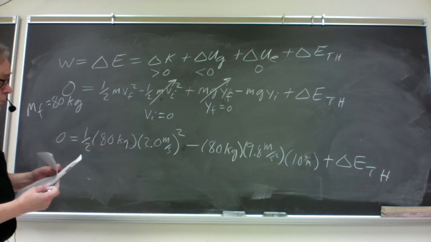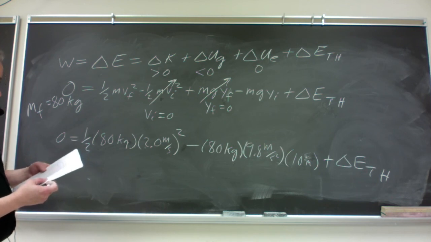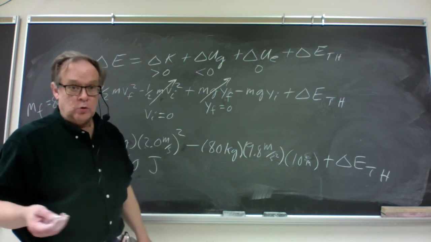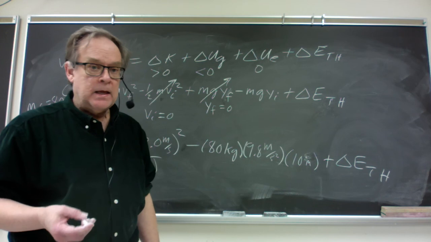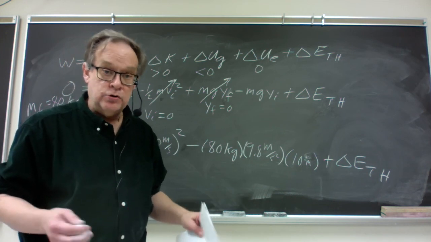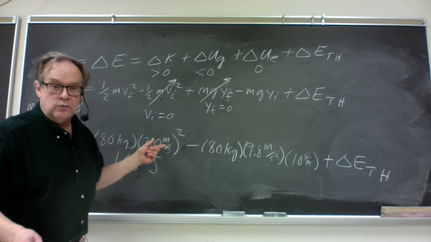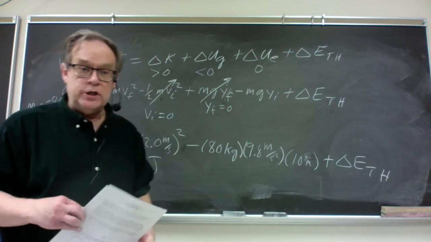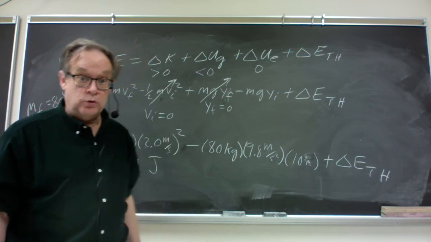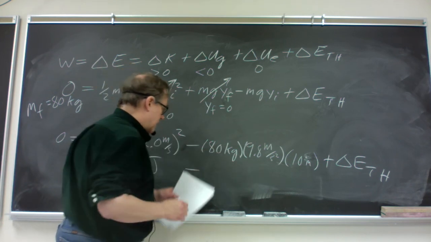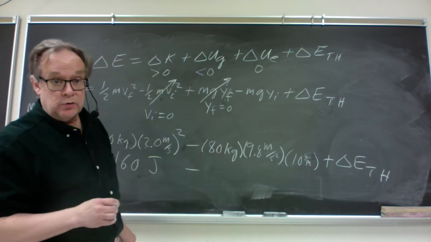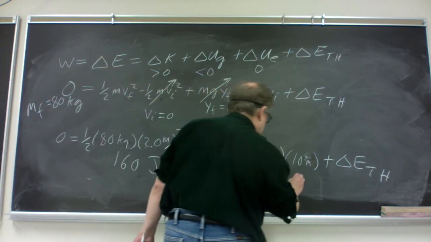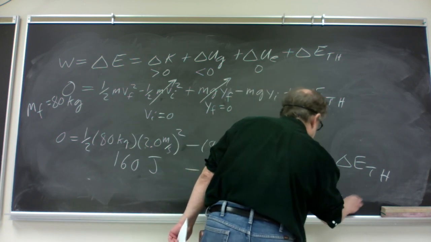Okay, so when you do all that, the number you finally come up with is not a large number, just 160 joules. Joules is our normal unit for energy, and if all of your lengths are in meters, which means all of your velocities are in meters per second, and if all of your masses are in kilograms, then the energy number that you get is automatically in joules. And then this would be minus a big number, 7,840 joules, plus change in the thermal energy.